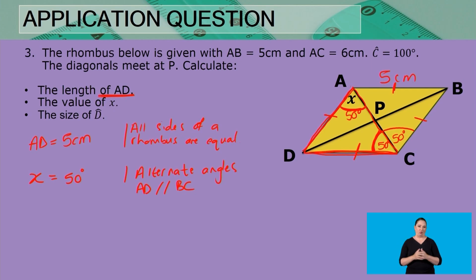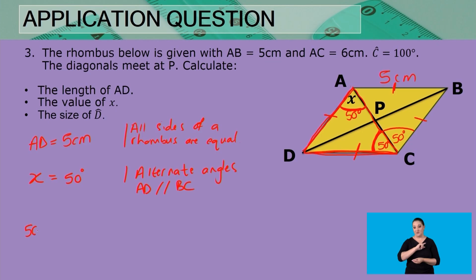Let's move on to the last question, which is the size of D. Now, the size of D, again, can be found here using many ways. The first way that we can use is the interior angles of a triangle. Again, looking at that triangle ADC, the interior angles of triangle ADC will be equal to 180 degrees.